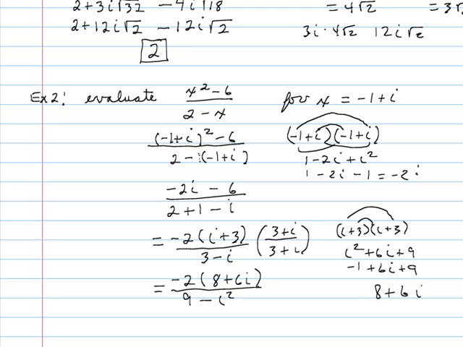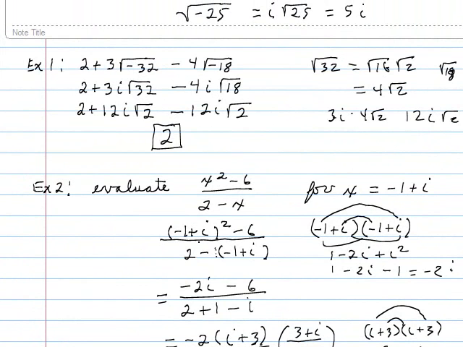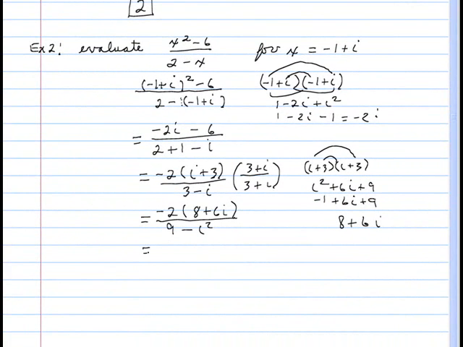And notice my scratch work I do off to the side, and I try to keep my main body of work just completely lined up and organized in a straight line here. Okay, well let's see, that i squared is a negative 1, so that's 9 minus negative 1, which is 9 plus 1, which is 10. On the top I have negative 2 times 8 plus 6i.